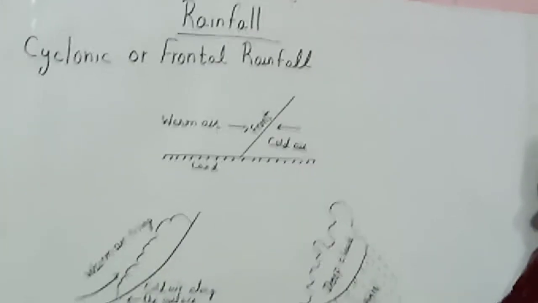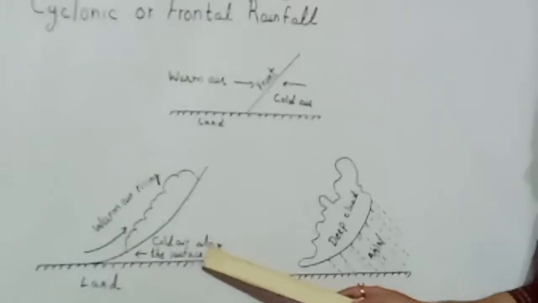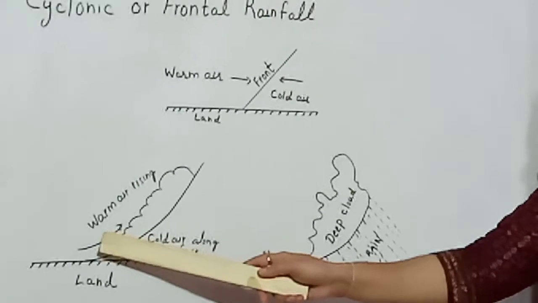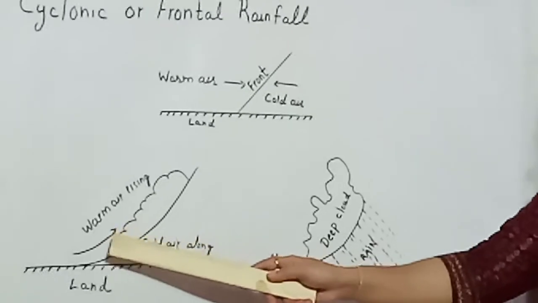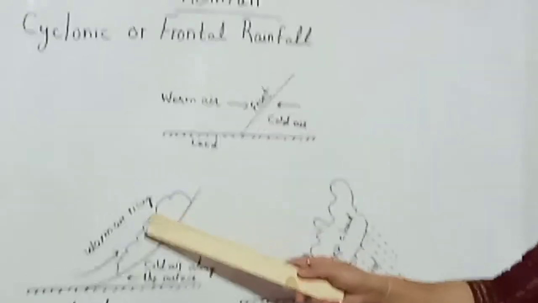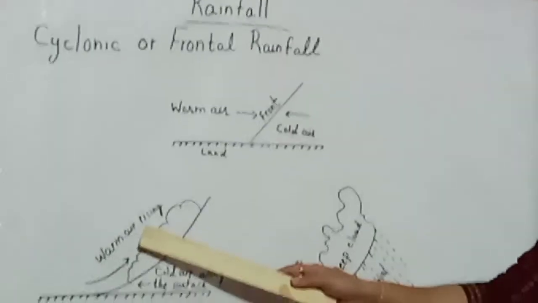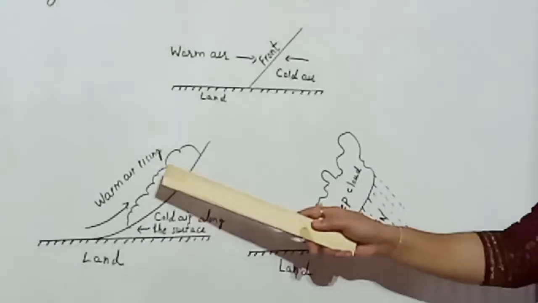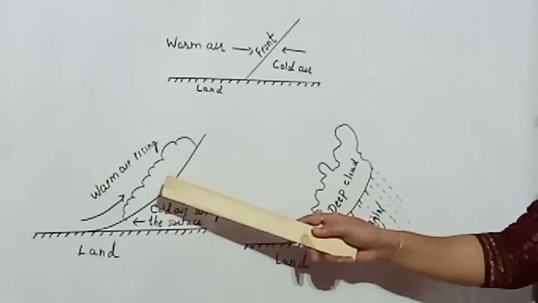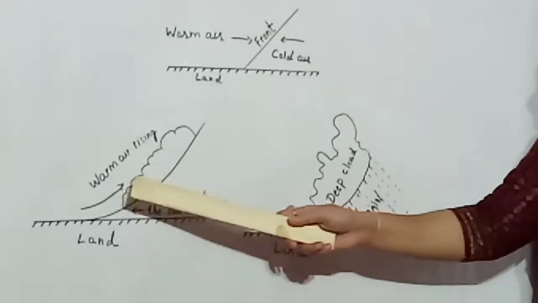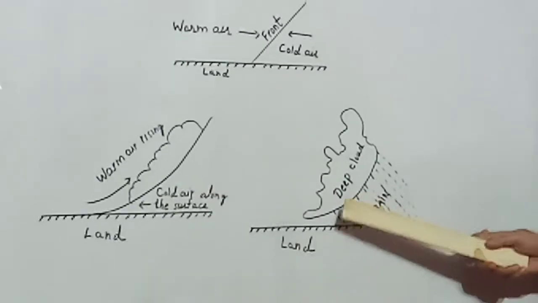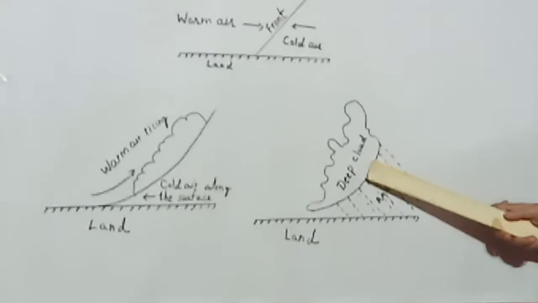You can see in this image, because the cold air is denser, it remains on the land, and warm air is light, so it rises up. As the warm air rises, it expands and cools, and the moisture in it condenses to form clouds.